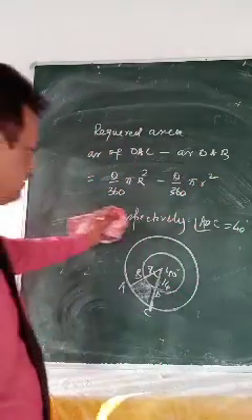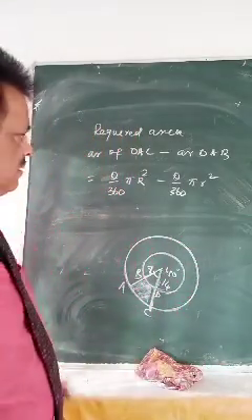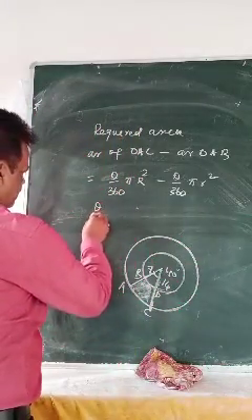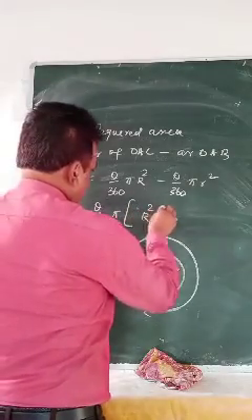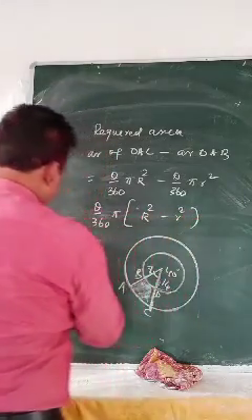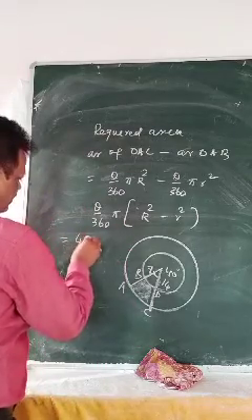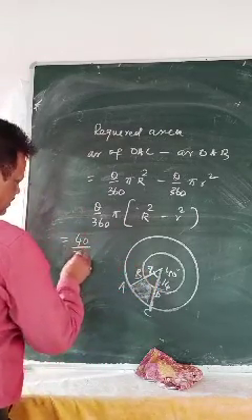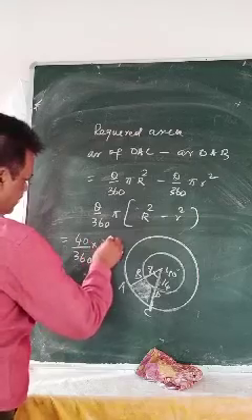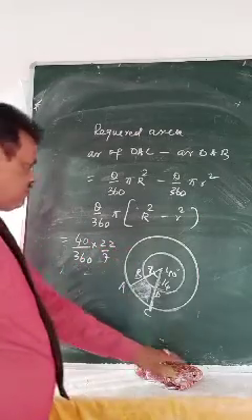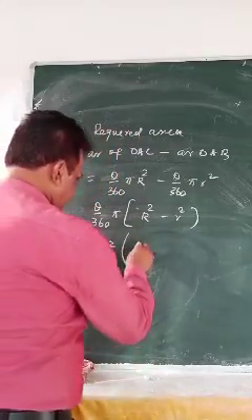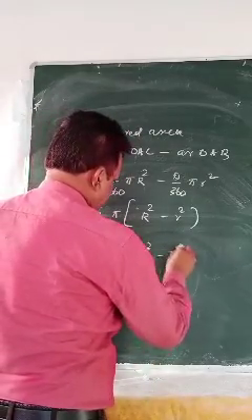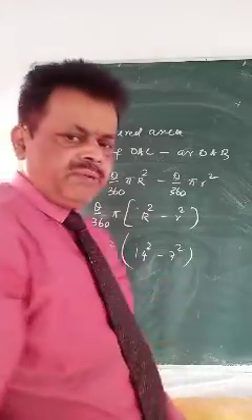So you take theta by 360 pi common, R square minus r square. Theta is how much? 40. So 40 by 360 into 22 by 7 into 14 square minus 7 square. Calculation you do, simplify and find out.